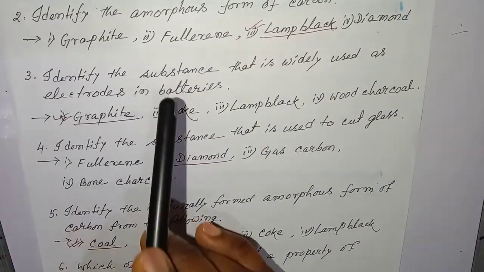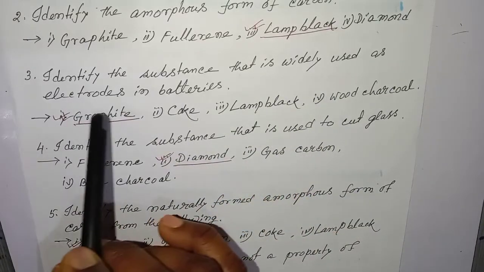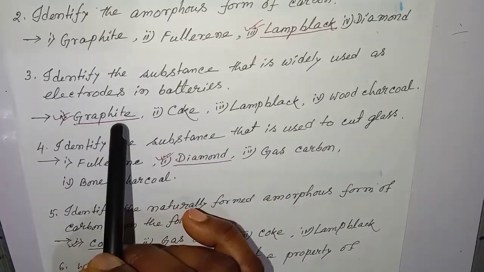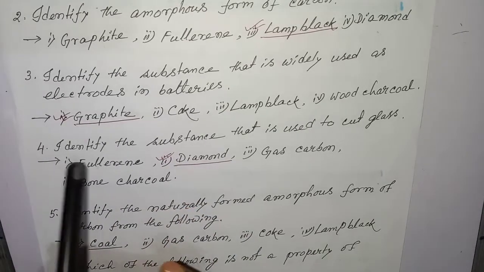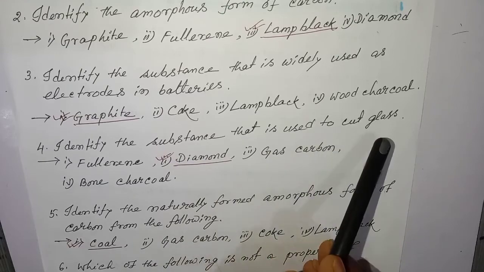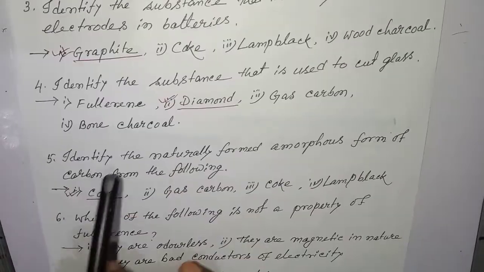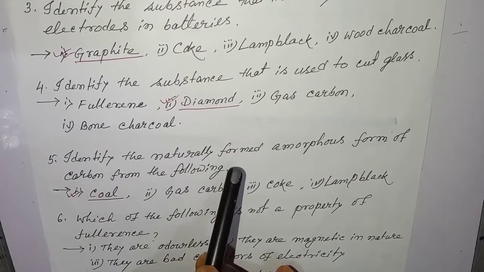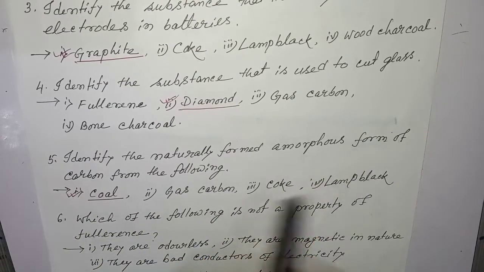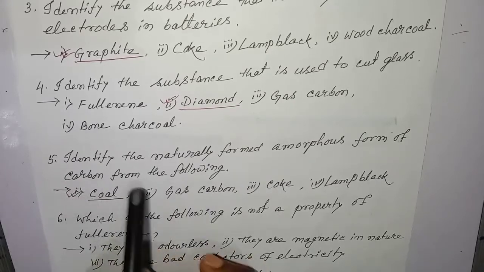Identify the substance that is widely used as electrodes in batteries: graphite. Identify the substance that is used to cut glass: diamond. Identify the naturally formed amorphous form of carbon from the following: coal.